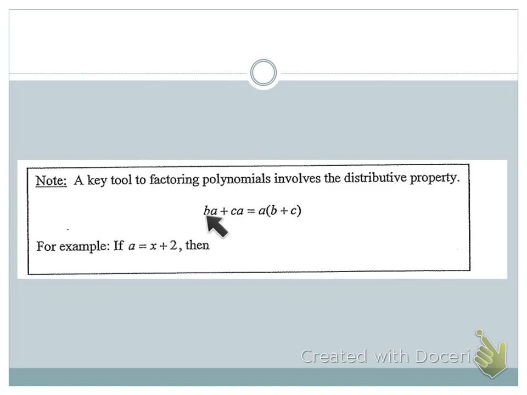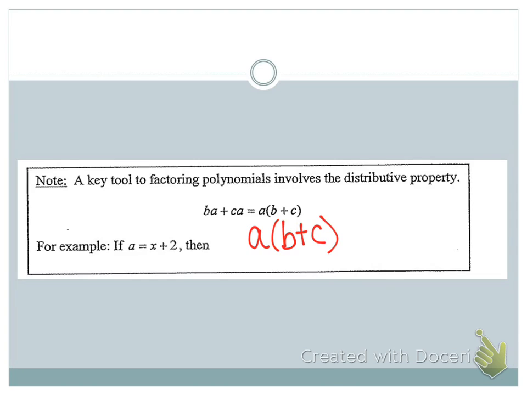And then in the middle there, it says BA plus CA equals, and we've got to fill in that blank afterwards. So it's A parentheses B plus C. I'll write that a little bit bigger. A parentheses B plus C. So they factored out the GCF of an A. Both of those terms had an A.